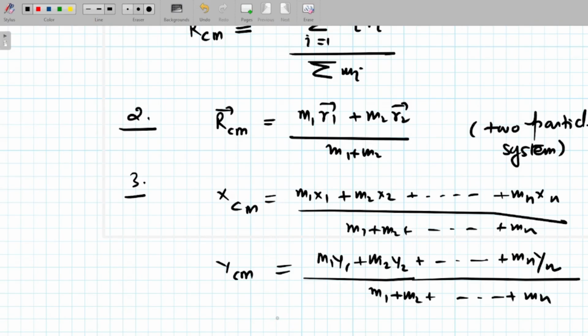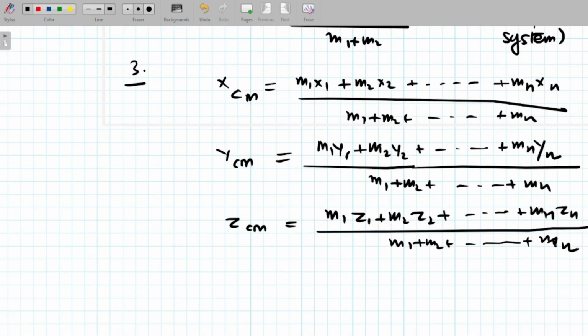So this is how we can calculate. Similarly, ZCM would be M1 Z1 plus M2 Z2 and so on plus Mn Zn, upon M1 plus M2 and so on plus Mn. So that was our discussion.